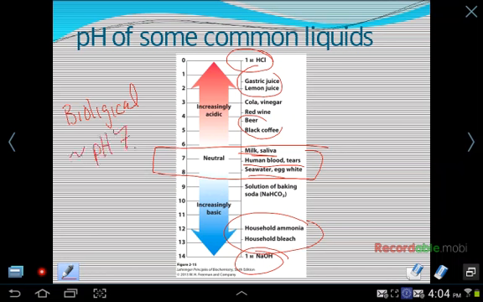Our bodies want to maintain this pH because a lot of the time this is the optimal pH for enzymes to react and catalyze reactions. However, when we have reactions occurring, such as A plus B yields C plus D, C may be our product that we carry on into another reaction.